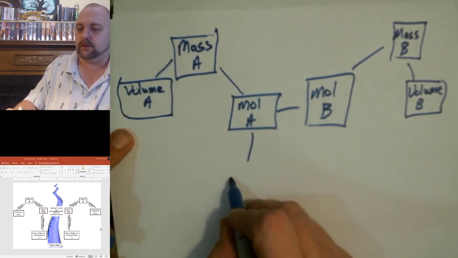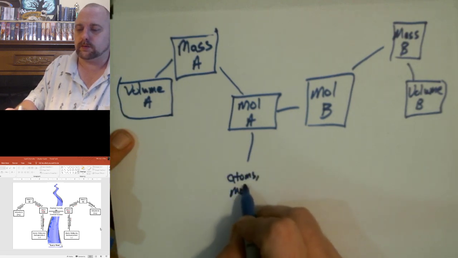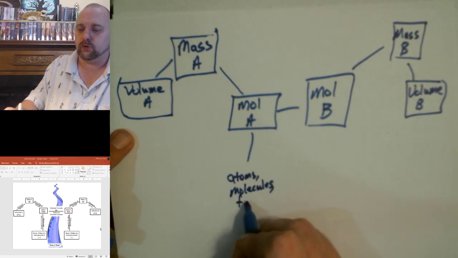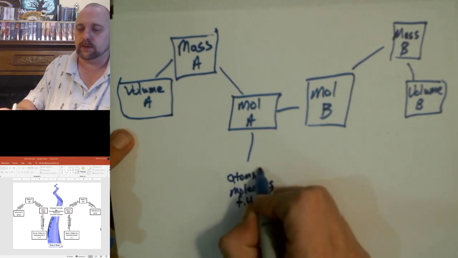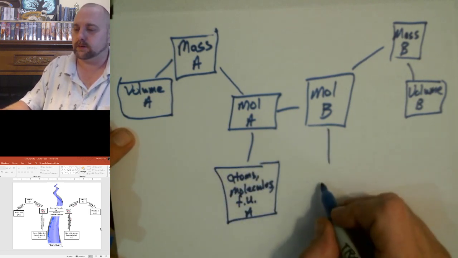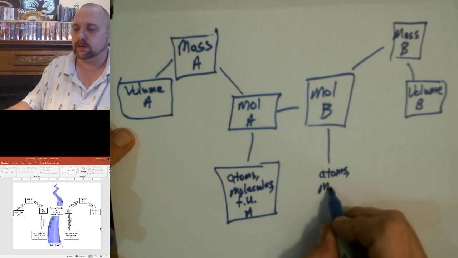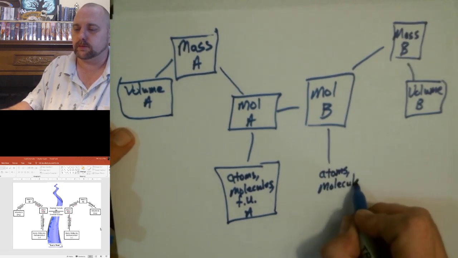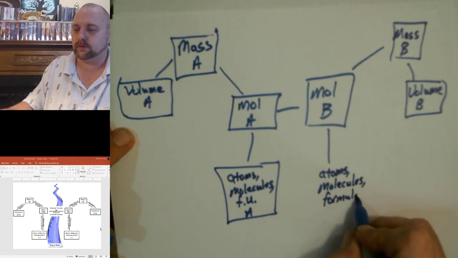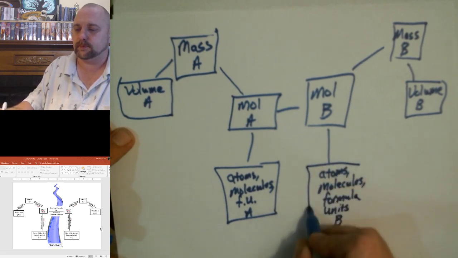Down here I'll have the atoms, molecules, and formula units of A. One big category there. And down here I'll have atoms, molecules, formula units of B.